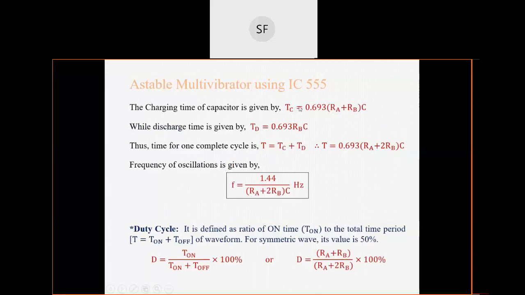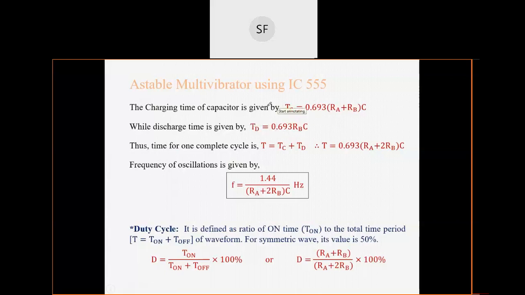So some equations are there, these expressions. Again, it involves some derivation, but we are not discussing the derivation. So you need to remember this now. We will take a couple of numericals on astable and monostable in the next session.